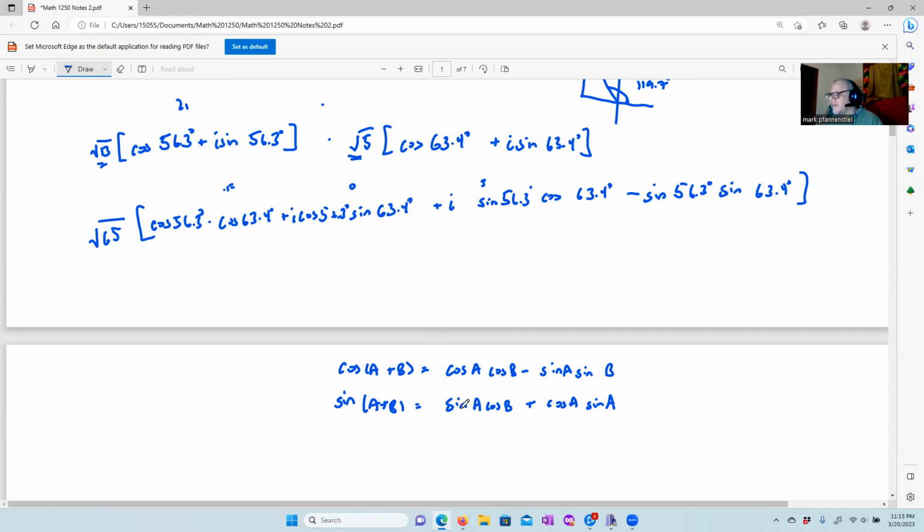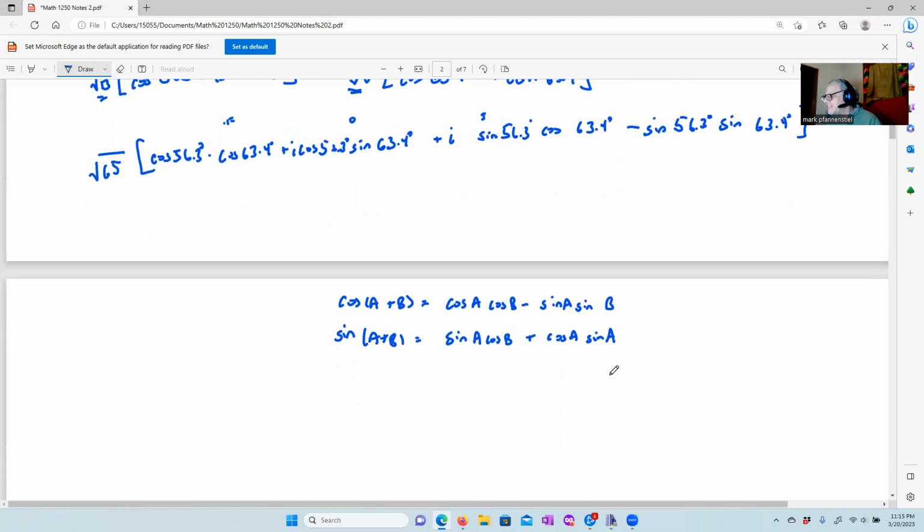We might have to swap these around a little bit and write them in a different order, but that's okay. Multiplication commutes, we can swap the order. But look at this, we just have sine of A plus B.